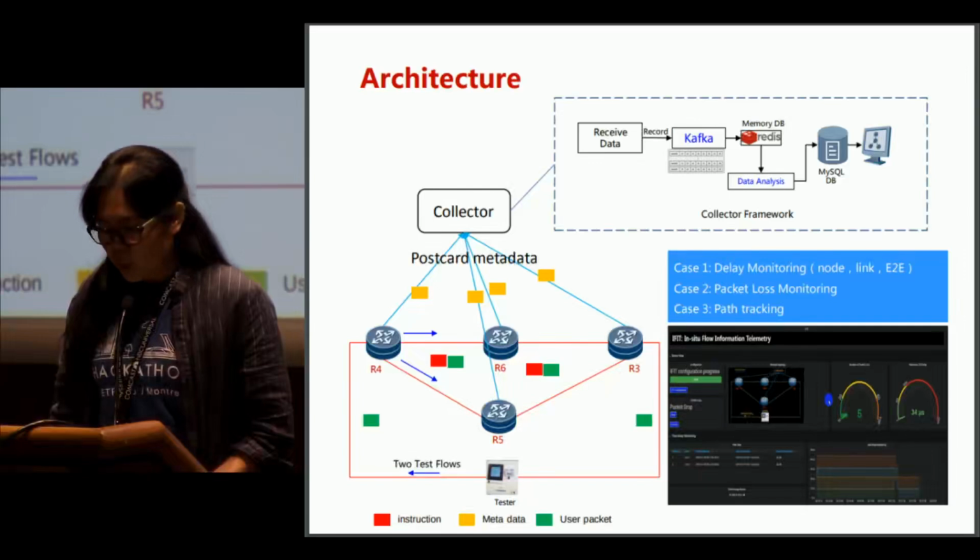So we collect all the metadata and program it to show the following 3 cases. At first is the delay monitor for each node and link, and end-to-end. We can see it from this dashboard, on the right of the dashboard.